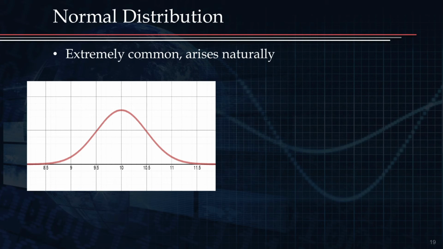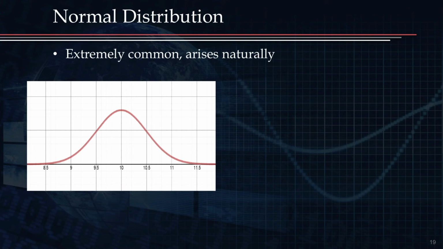Notice that in here, as opposed to the uniform distribution, the probability distribution across the different values is not equal. It peaks at the expected value, which in this picture is 10, and then decays or drops off as values get farther from the expectation.